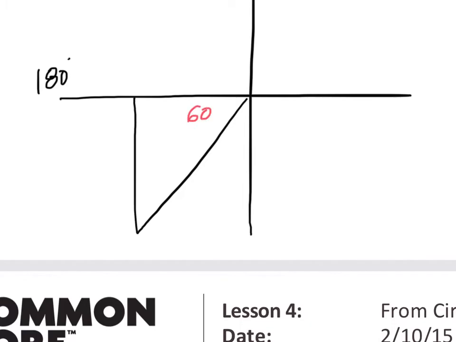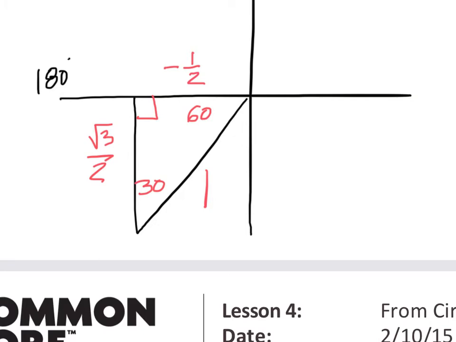This is 60 degrees, this is 30, there's the right angle, and we know the sides of this triangle already. If the radius is 1, the short leg would have to be 1/2, but is it positive or negative? It is negative. And then the long leg is square root of 3 over 2, but is it positive or negative?